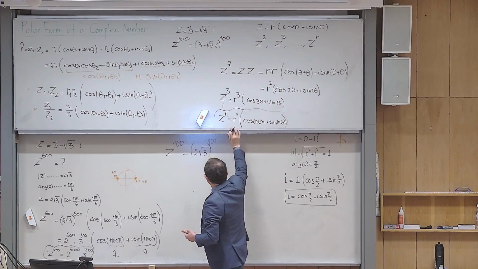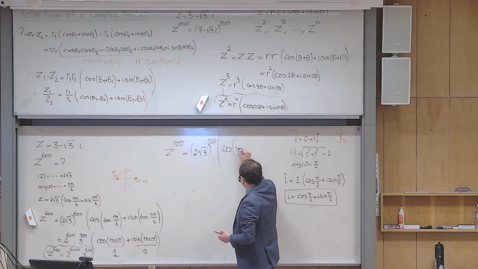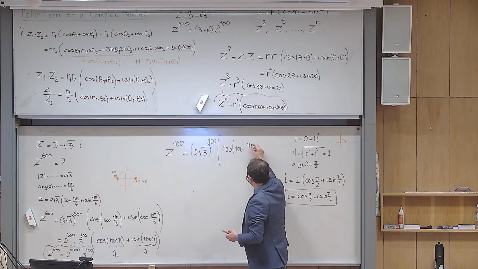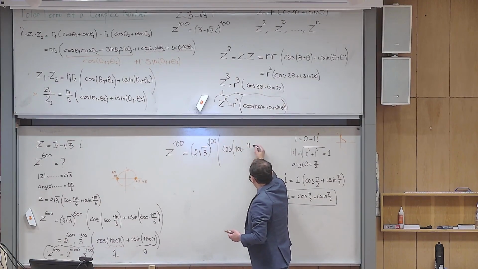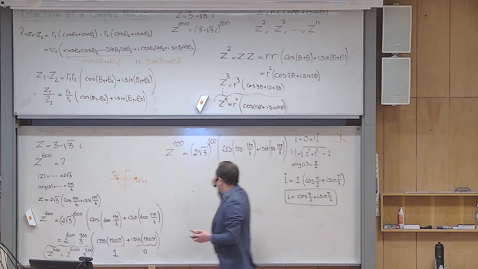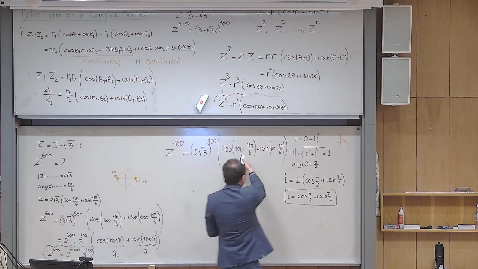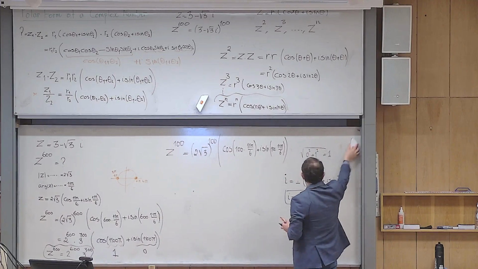But then I am supposed to multiply my angle by 100 rather than 600. And then this is a little bit problematic, yes?